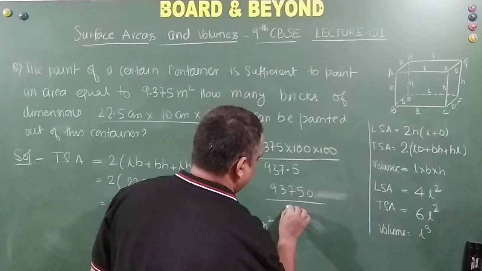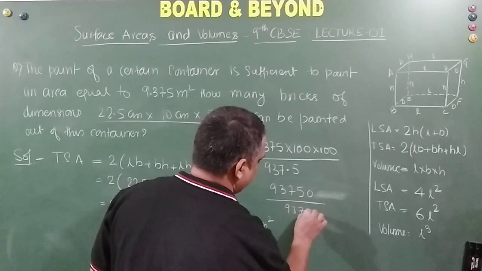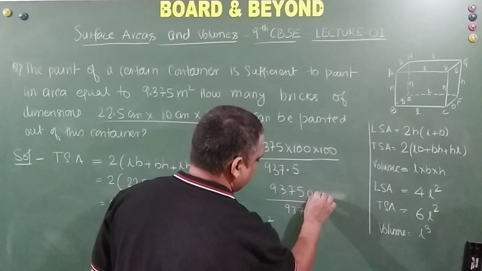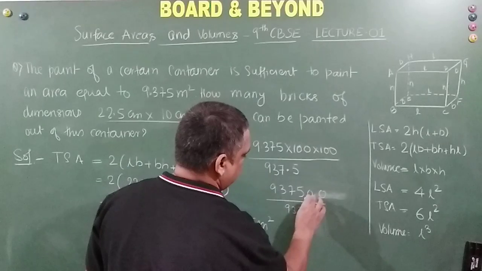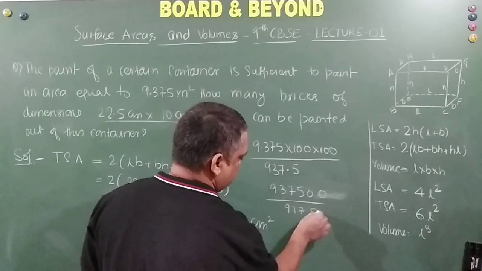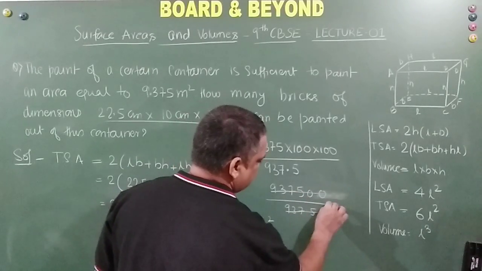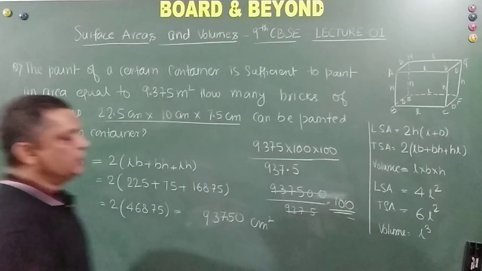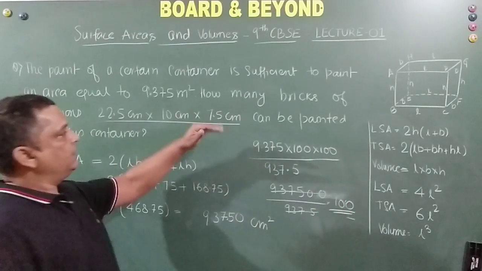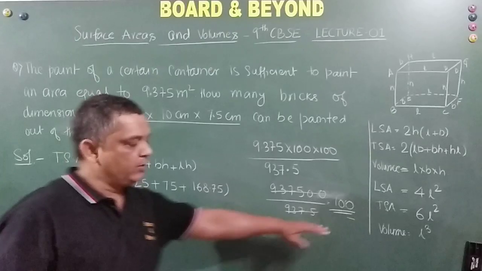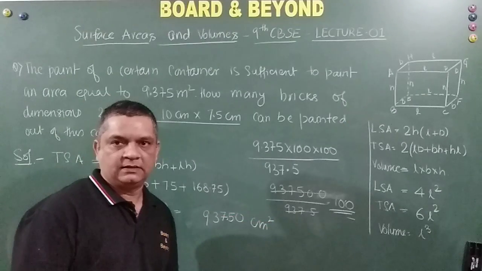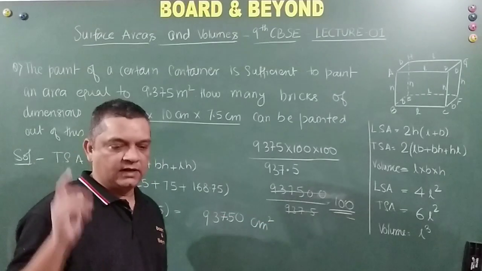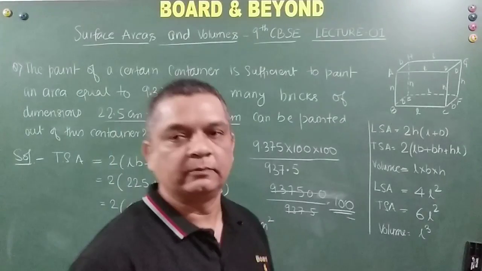And this is 937.5. So again I will cancel it out. So this gives me how much? 100 bricks. Right, friends? So with the paint that is available to us, I will be able to paint 100 bricks. So let's take down the next problem.